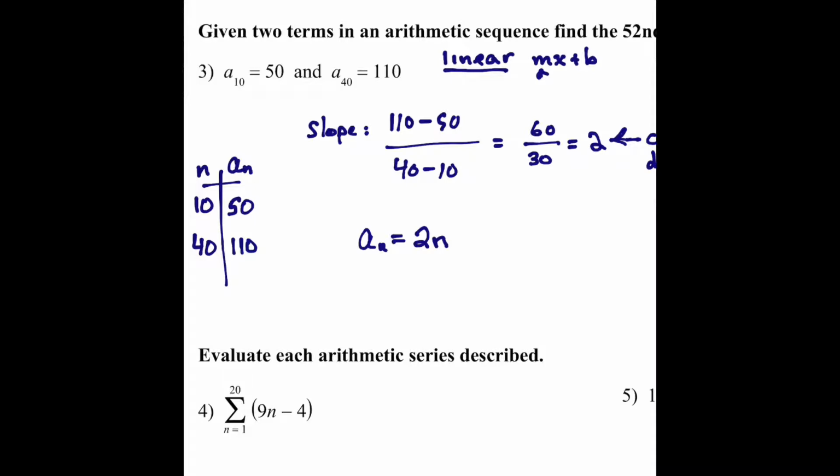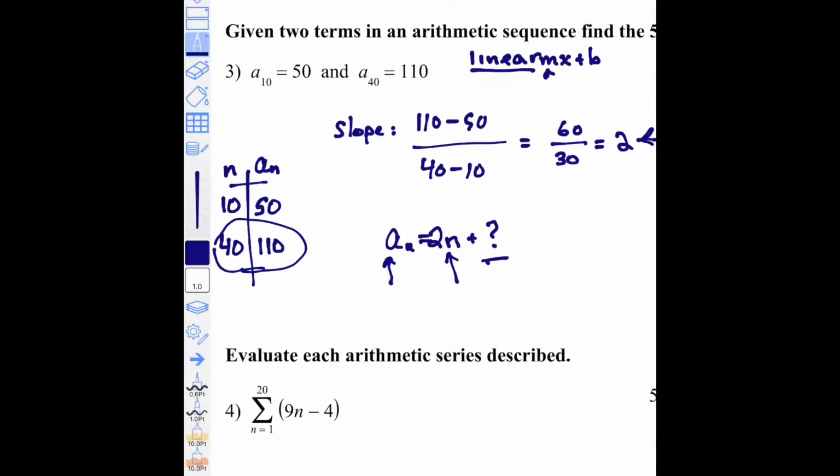But what we do have, so I'm just going to put a plus question mark, because I don't know what that b value is. But if I could plug something in for a sub n and also plug something in for n, then I could find this missing question mark. And I have one of those right here. I've got an n value and an a sub n value that I could use in that equation.